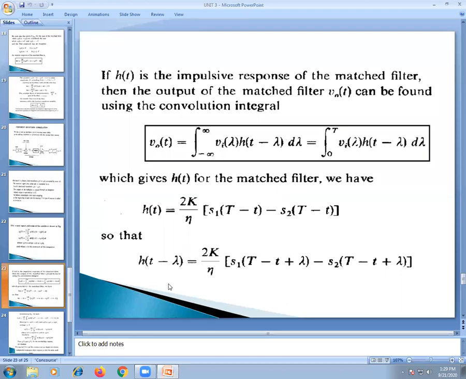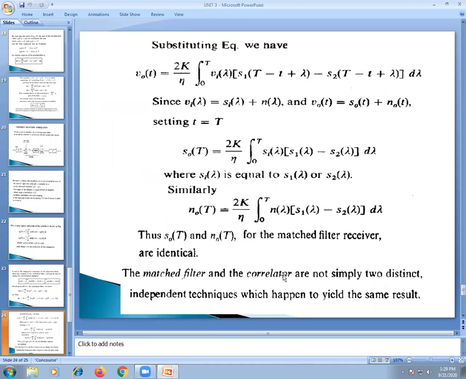So h of t minus lambda is equal to 2k by eta times s1 of T minus t plus lambda minus s2 of T minus t plus lambda. Okay, now this is substituted in the v naught of t equation. That is 2k by eta, integral of vi of lambda times s1 of T minus t plus lambda minus s2 of T minus t plus lambda d lambda.